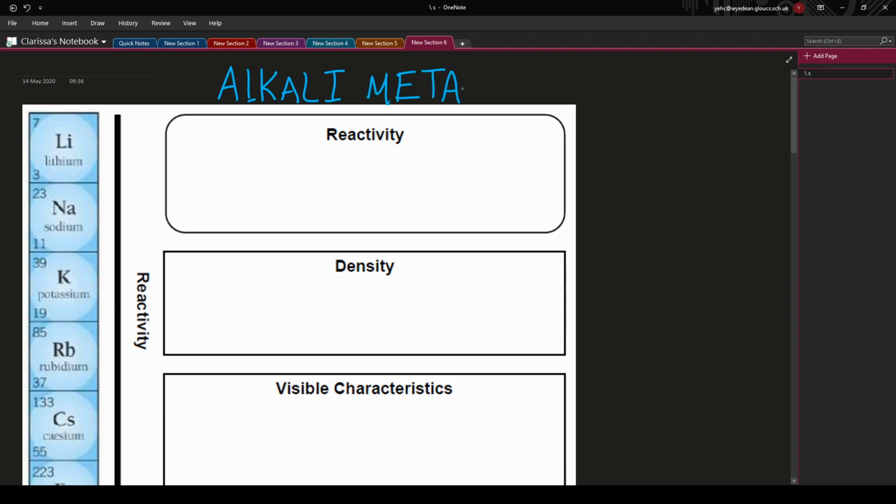The reason we call them the alkali metals is because when you put these elements in their pure form in water, there's a chemical reaction and the result is something that is alkali. Remember back in year 7 you talked about acids and alkalis?